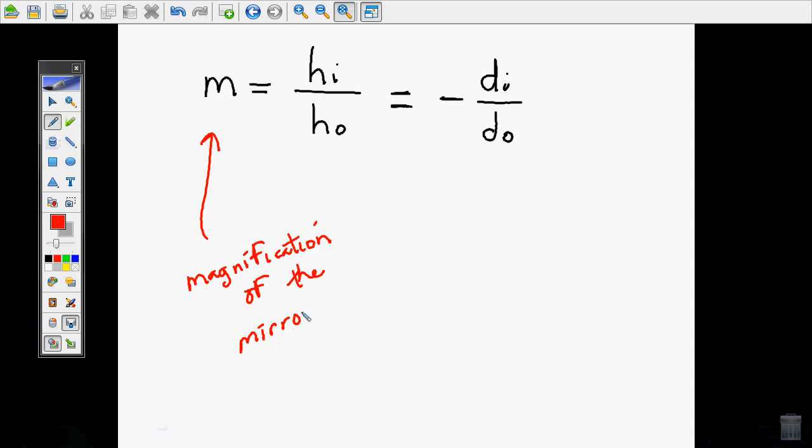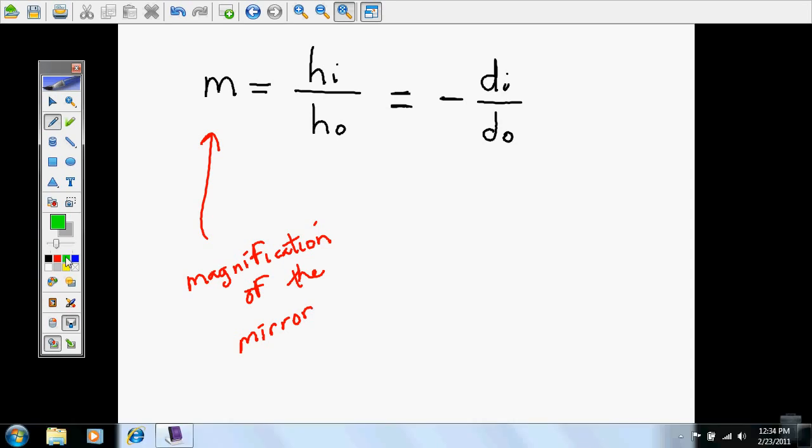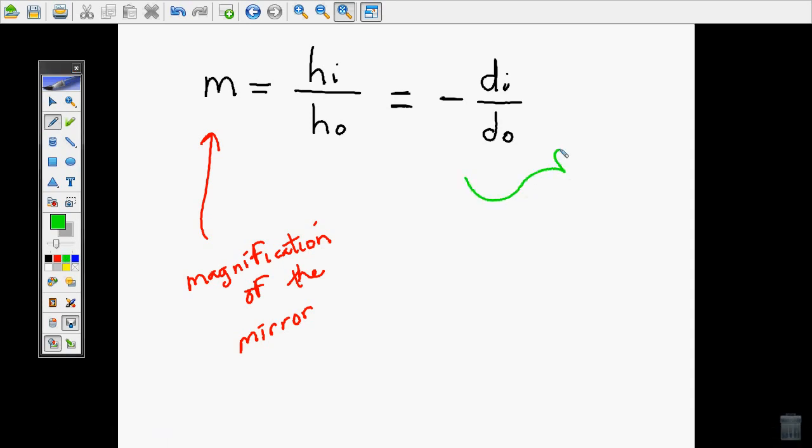Now, here's the tricky thing. There's two different rules for the positive negative business. We talked about the positive negative business rule for the image and the object distances, yes? If it's real, positive values, and if it's virtual, negative values.